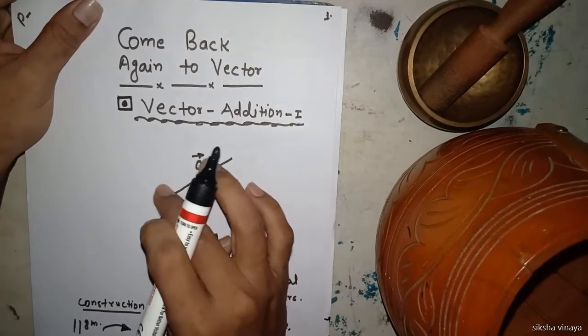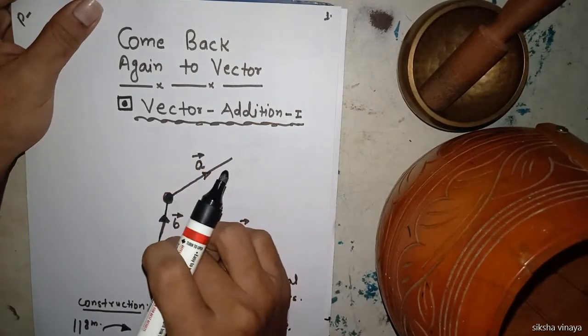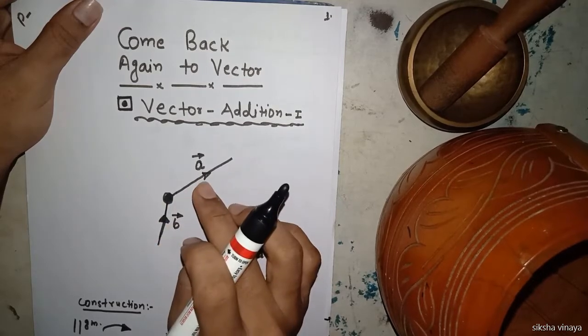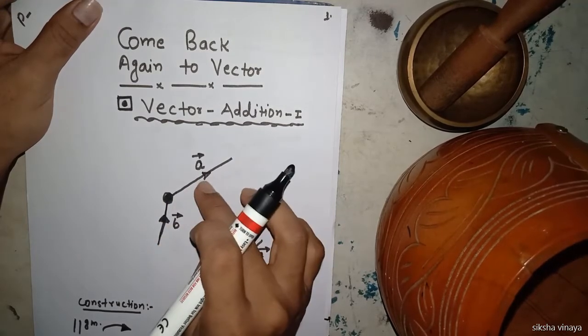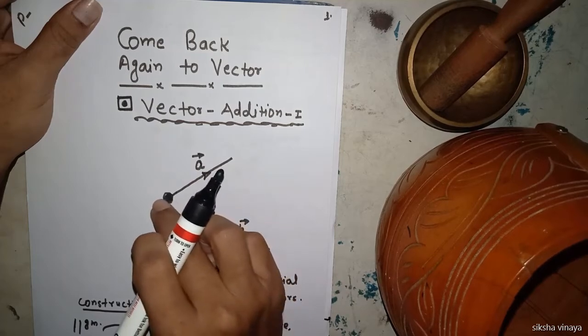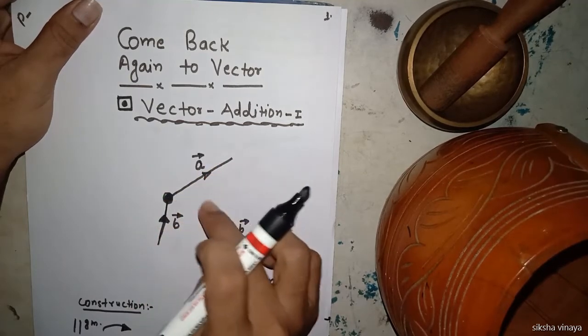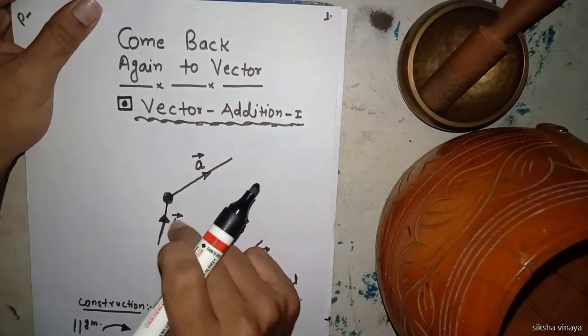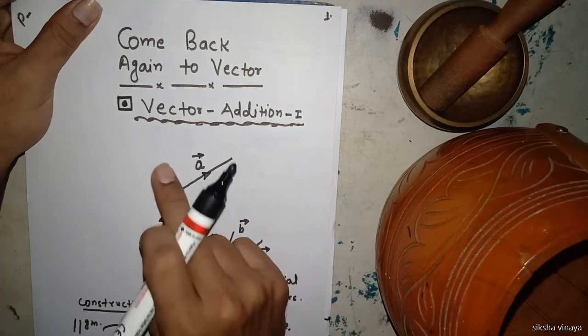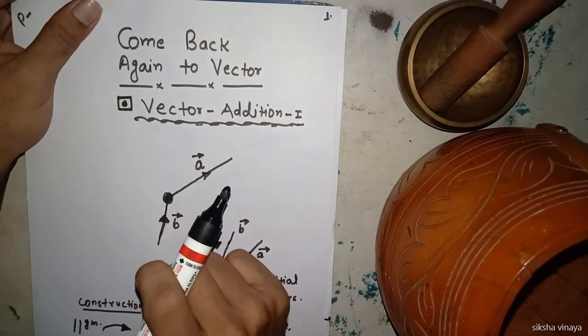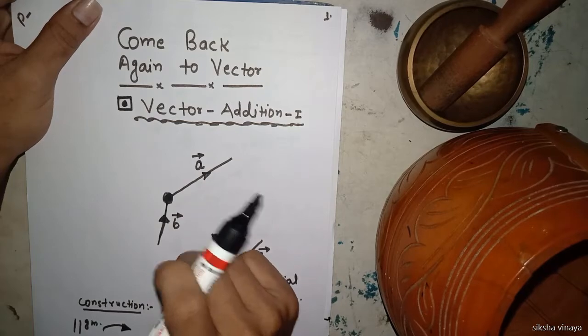So here there is a point on which two vectors act. One vector, A vector, acts in this direction with some magnitude, and another vector, B vector, acts on that point in this direction with some magnitude.